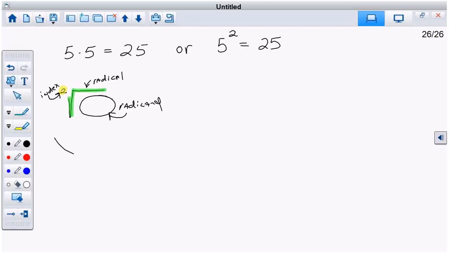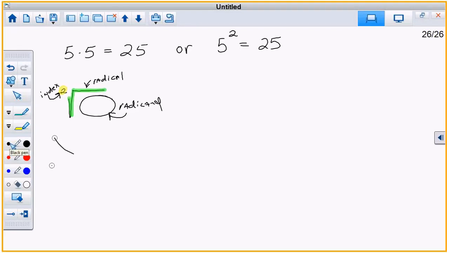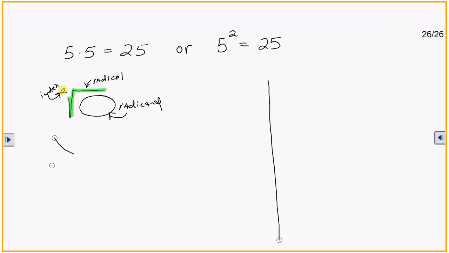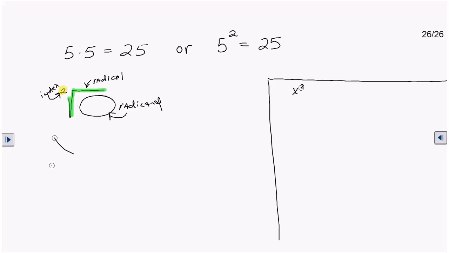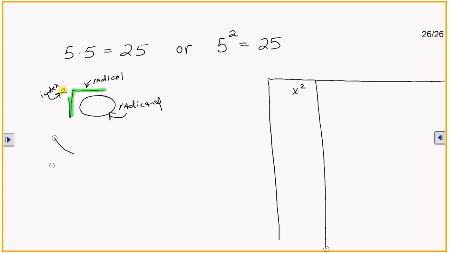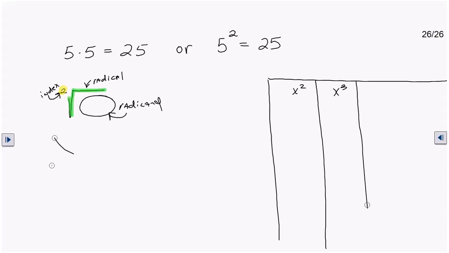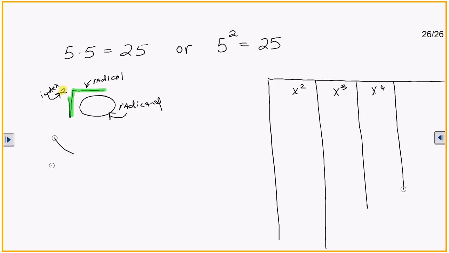Now, when you take the square root of something, I tell all my students they should have an index card, one of the small index cards, and they should put x squared here, x to the third here, x to the fourth here, and x to the fifth on the end.